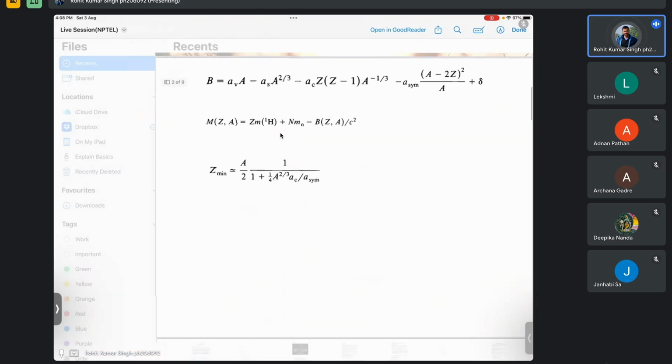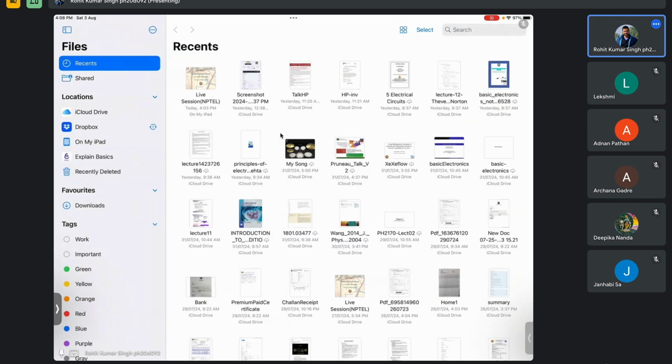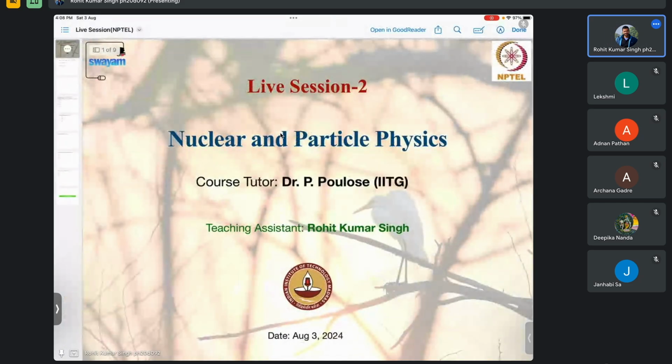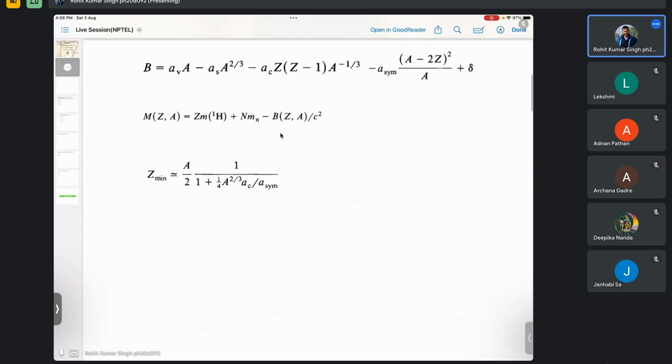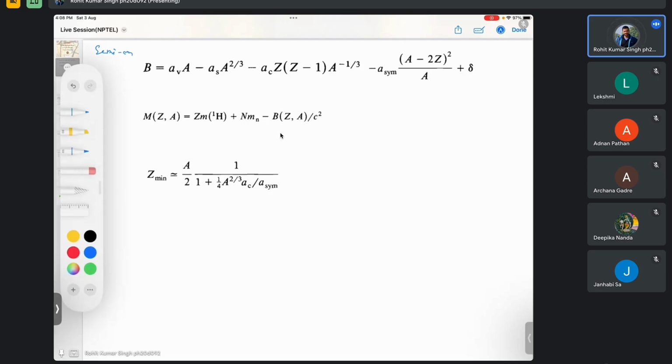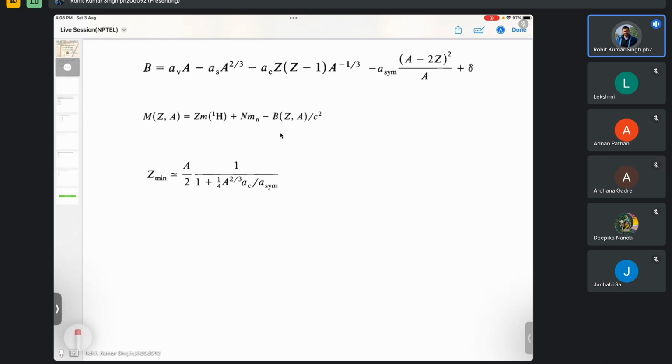So first, okay, sorry, yeah. So the first issue was this, the semi-empirical formula for binding energy, okay.